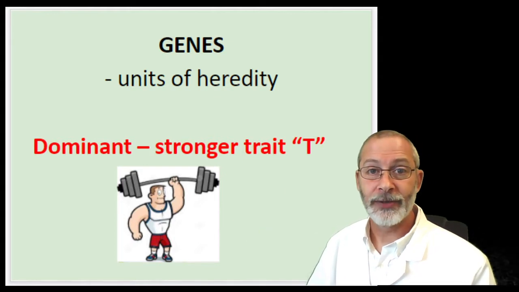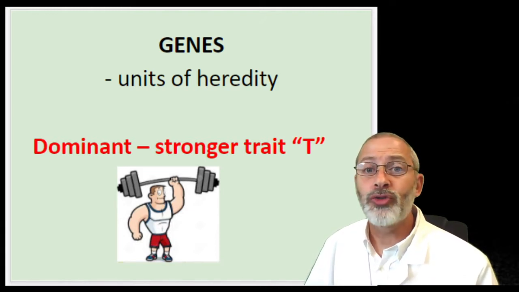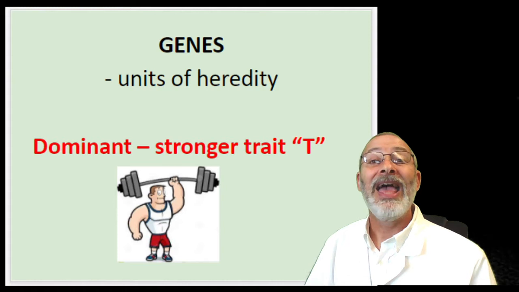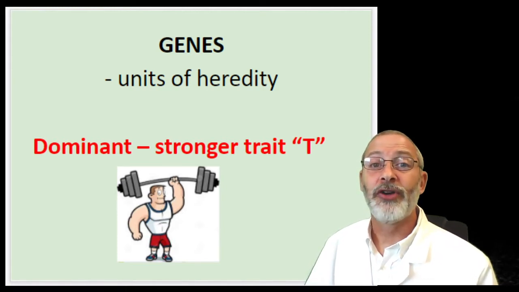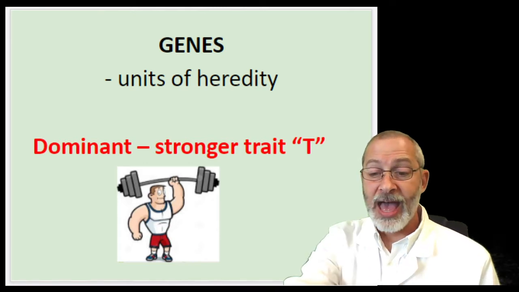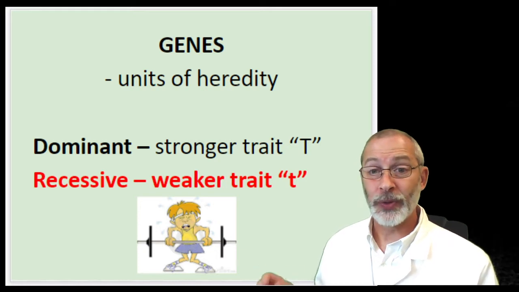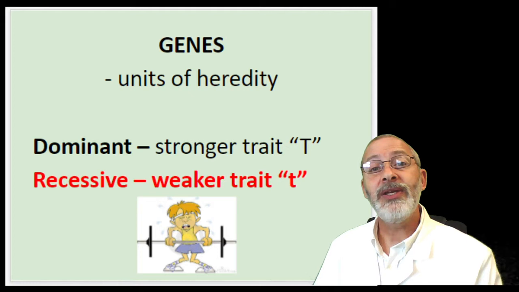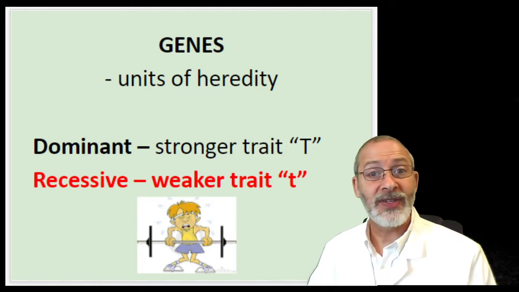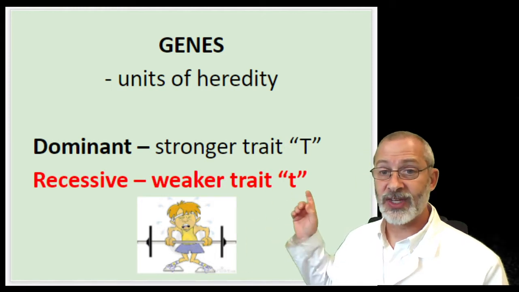stronger trait. A stronger trait or a dominant trait, when we write it down, is always represented by a capital letter, as opposed to a recessive trait or the weaker trait, which we always abbreviate or represent or illustrate with a lowercase letter.